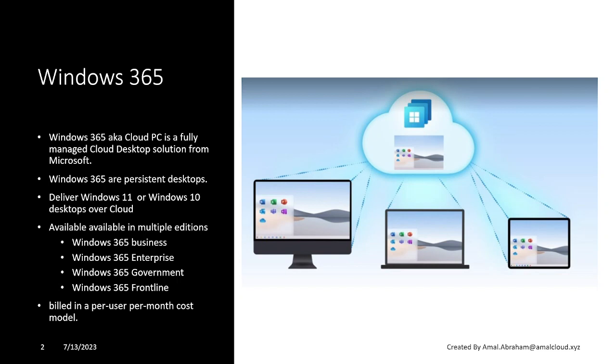So, with Windows Frontline licensing, you can have up to three users use a single Windows 365 license and use your Windows 365 desktop. So if you have three shifts, shift A, B, C, then you don't want to buy three licenses. You can buy one Frontline license, and the three shift users can use the single license.